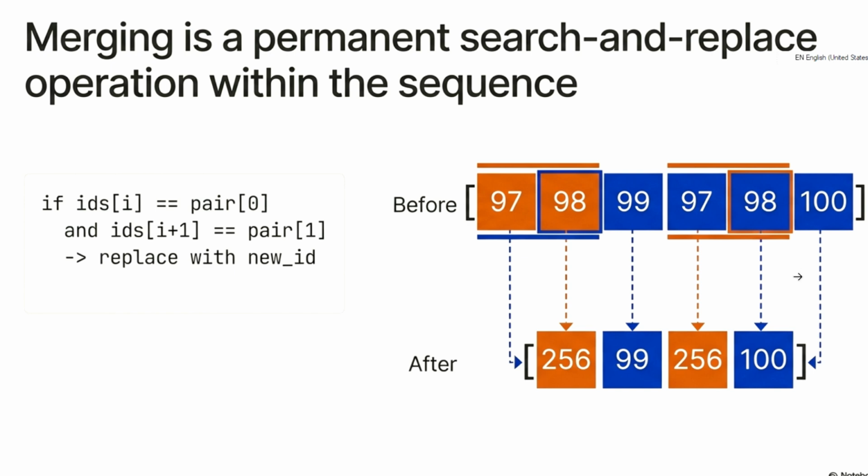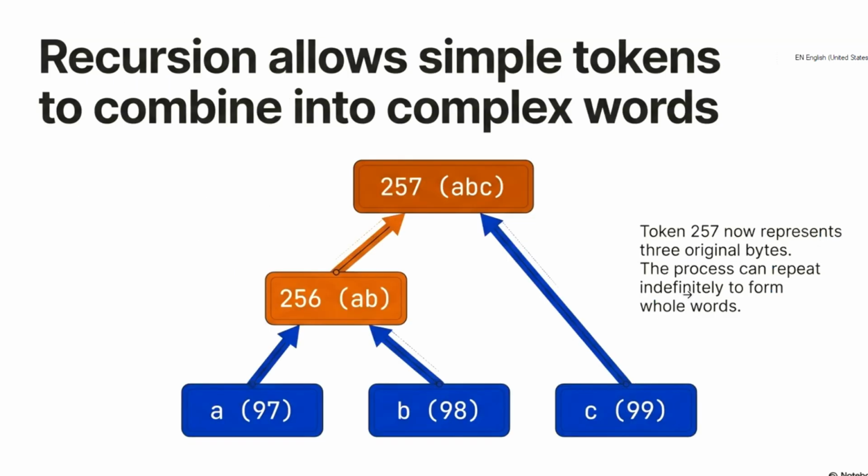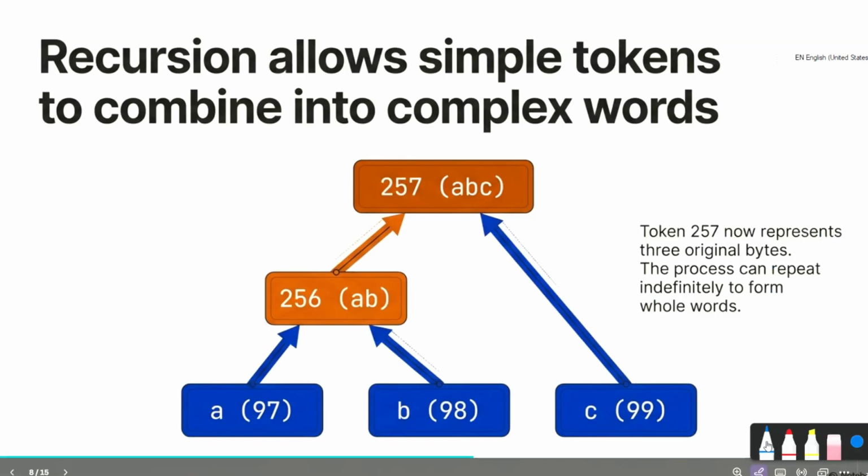Whenever they occur together, we will just replace them with a new token 256. This made the vocabulary size a little shorter than before, and we just used one memory unit instead of using 2 memory units. So before we were using 2 memory units, and now we are just using 1 memory unit.